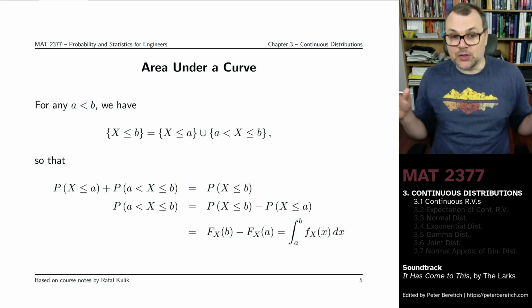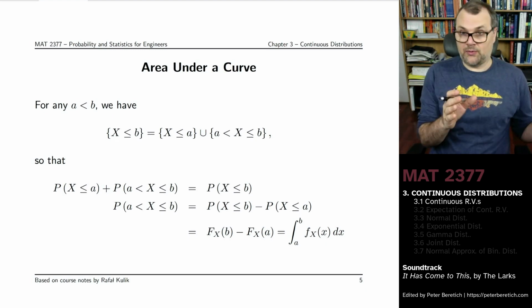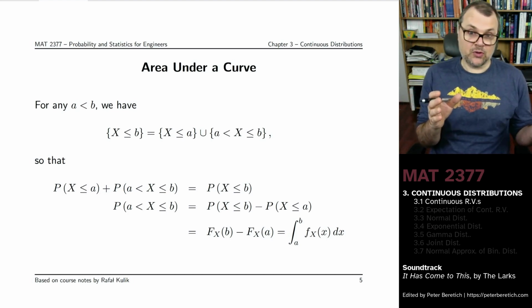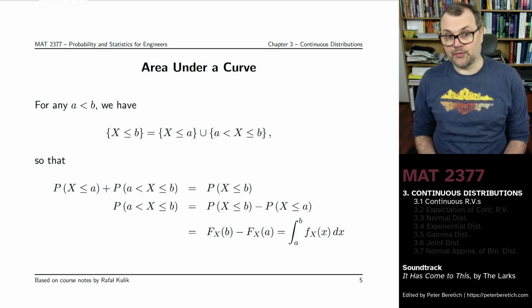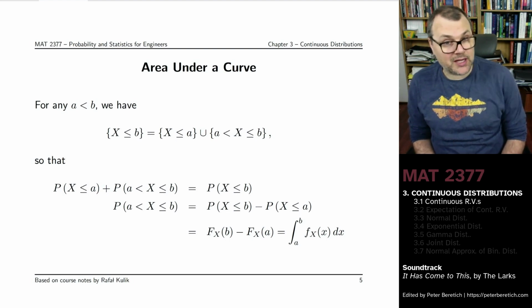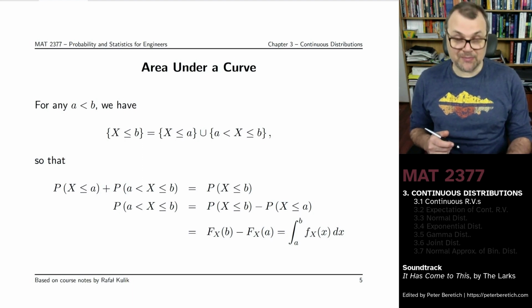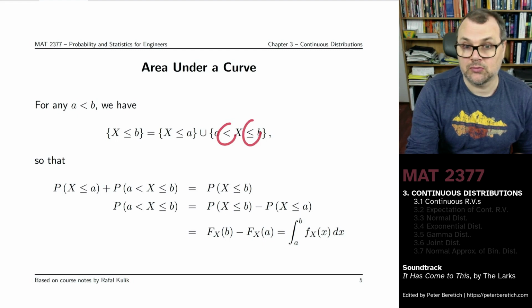That's going to be the union of two events. It's the event of the random variable x taking on values smaller than or equal to a, or the random variable taking on a value which is strictly greater than a and smaller than or equal to b. Now that's true in the discrete case as well, but in the continuous case, you don't need to worry about the type of inequality, whether it's strict or inclusive.